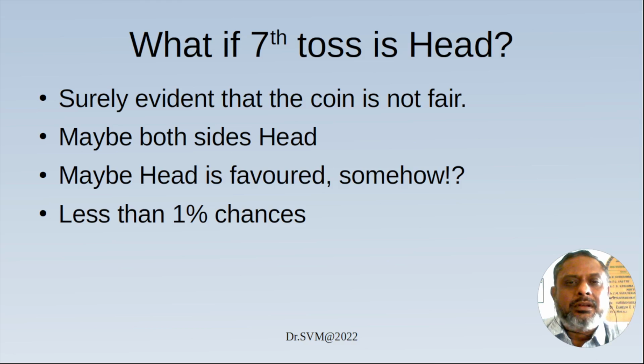That is, more than 100 experiments are to be repeated to get this situation. So this is a very, very rare situation under normal conditions. Therefore, we can conclude that the coin is not fair.